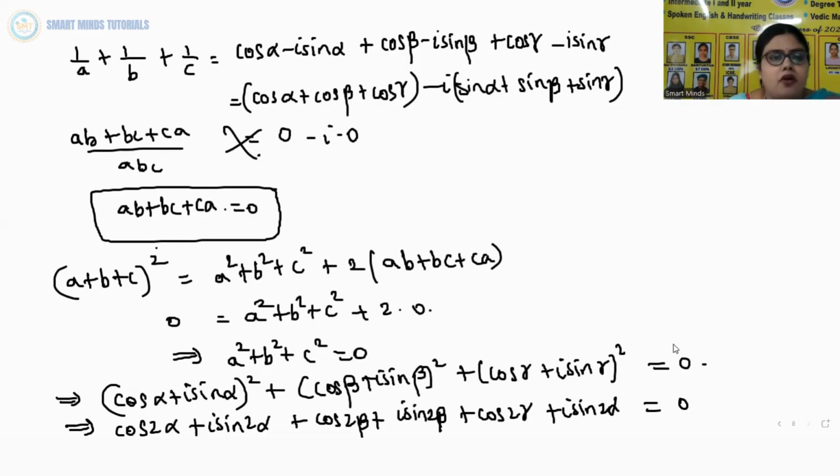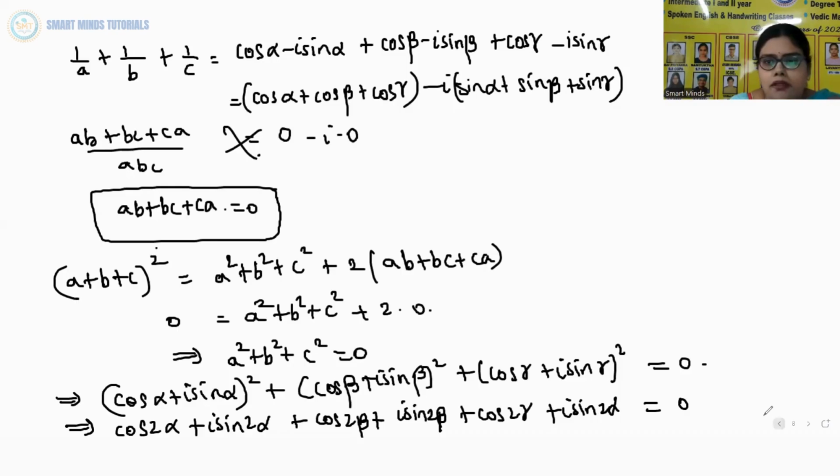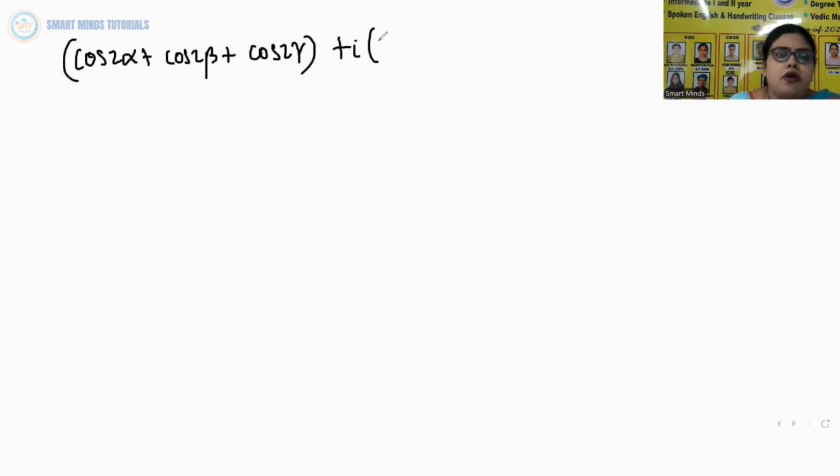Now we will separate cos and sin terms. Okay, so cos 2 alpha plus cos 2 beta plus cos 2 gamma, we group in one bracket, then we take i common. So if we take i common, we get sin 2 alpha plus sin 2 beta plus sin 2 gamma.